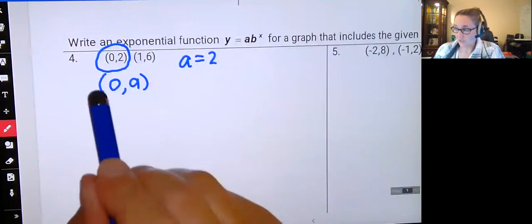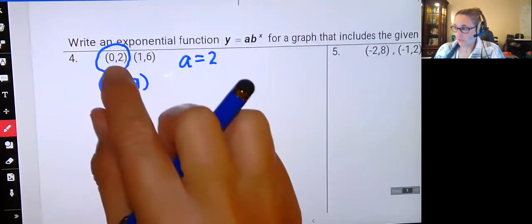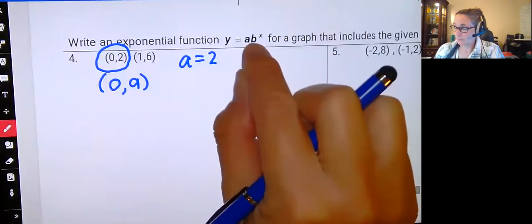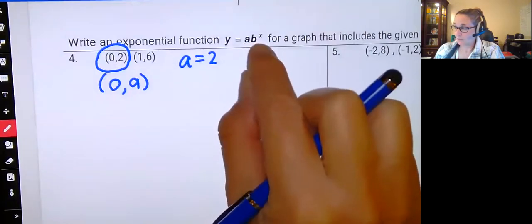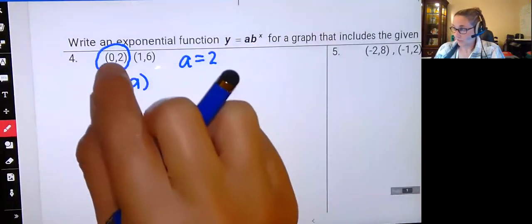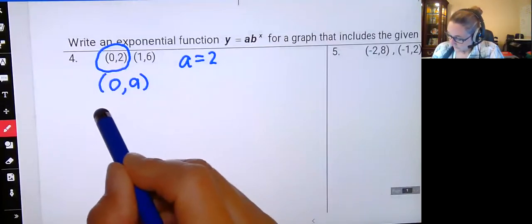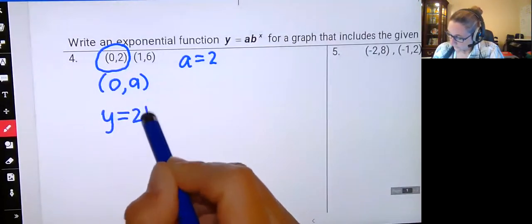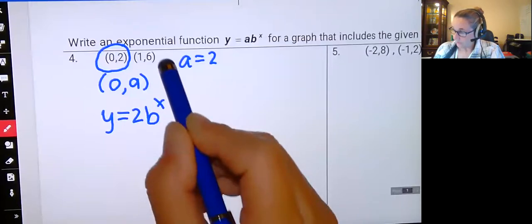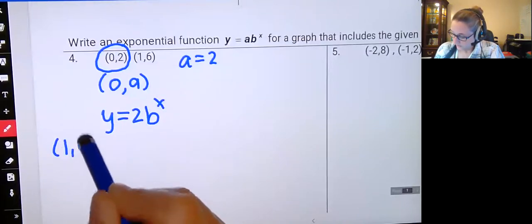Okay, so this is kind of a nice one. When they give you the y-intercept and they want it in this form, where it's not moved up or down or left or right, then your 0 is your a. So now I know I'm going to have y equal 2 times b to the power x. I'm going to put in 1 comma 6.